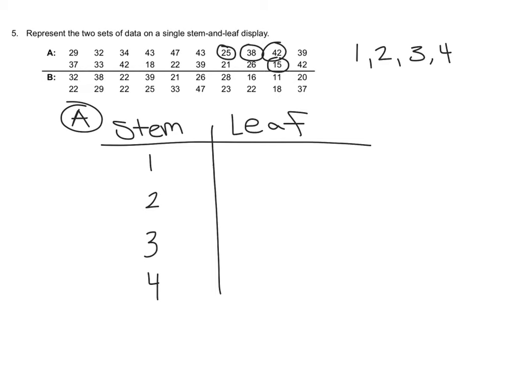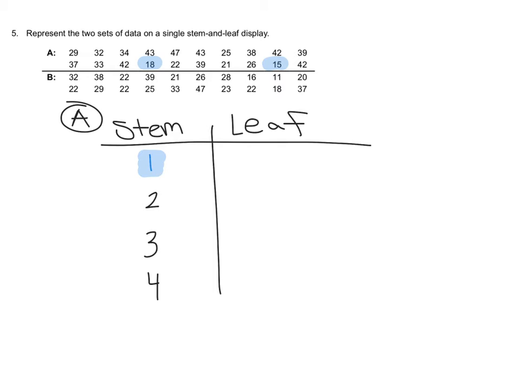Now I'm going to write the leaves that correspond to each stem. So I'll look at the values in the ones place of each number. First, we'll identify all leaves that have a stem of 1. So I'm going to highlight all the numbers that have a stem of 1. I have 18 and 15.